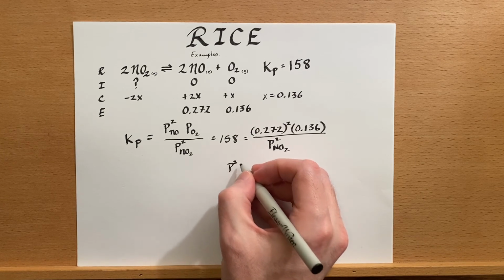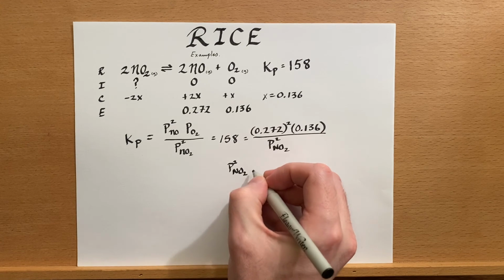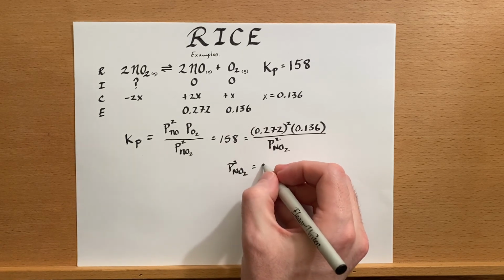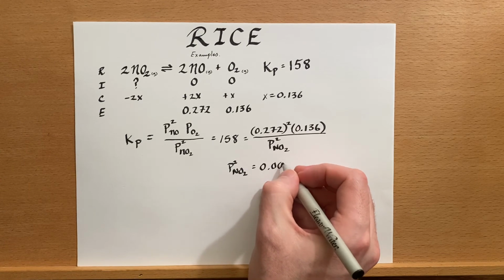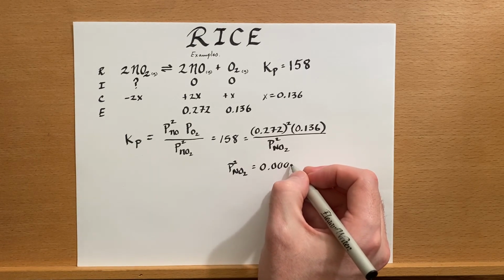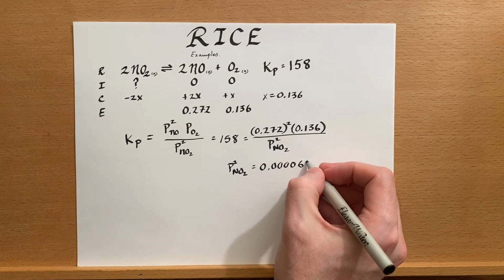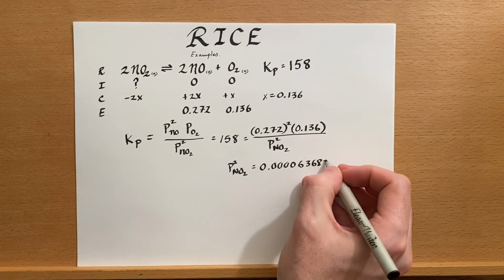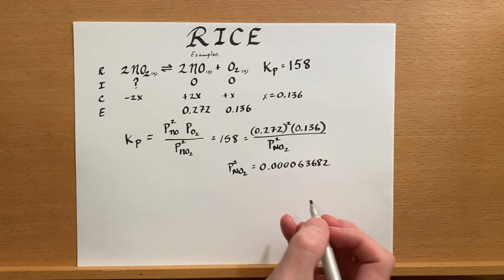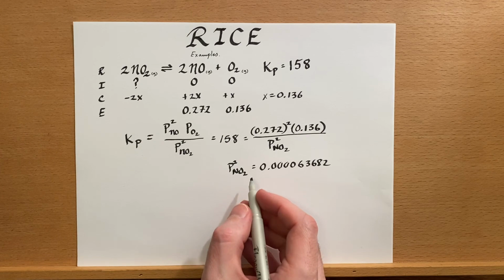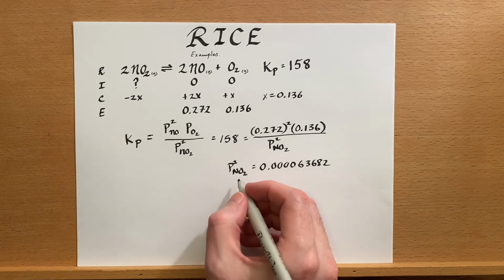So then I'll get an equation that looks like this. P squared NO2 equals 0.000063682. And then I simply take the square root of that, which should give me the pressure of NO2.